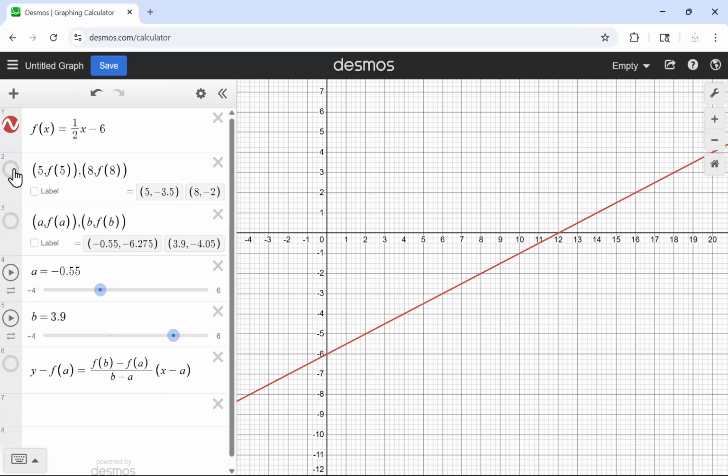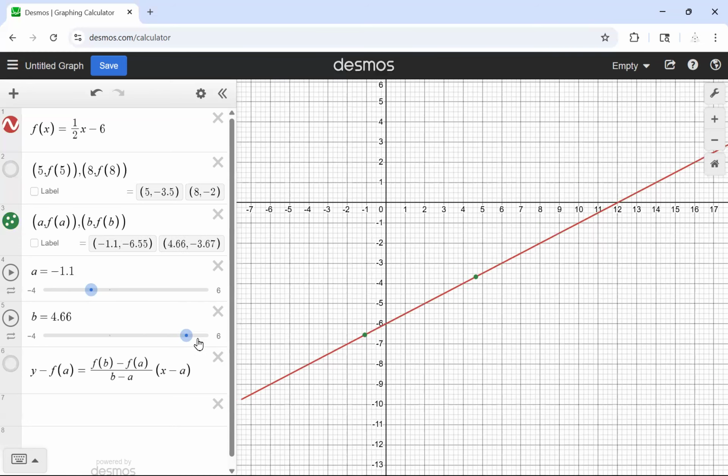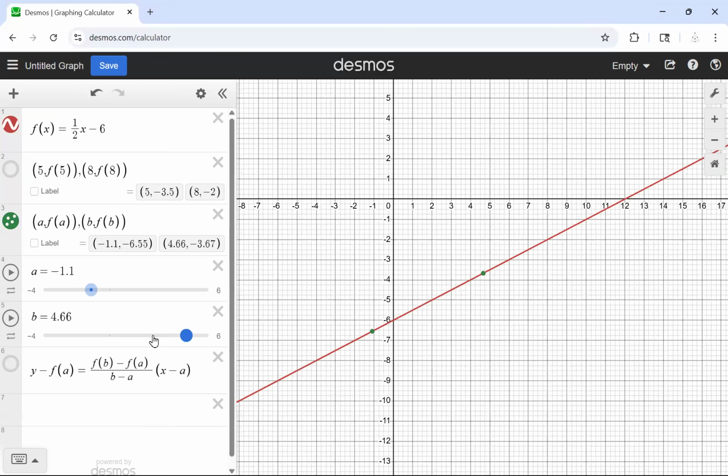And it doesn't matter which 2 points we pick. We can move these around in any way. And if I draw a line that connects these 2 points, well, it's going to be the line itself. And so rate of change is the slope of that line. And if we write the line that connects them, then that's what it looks like.